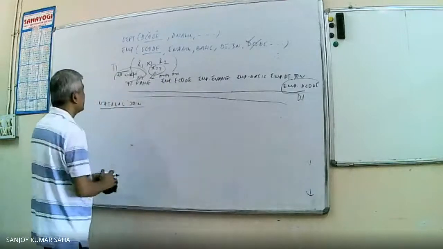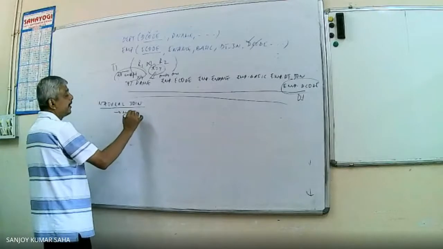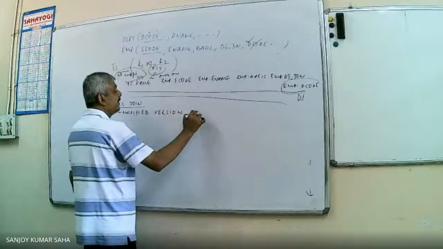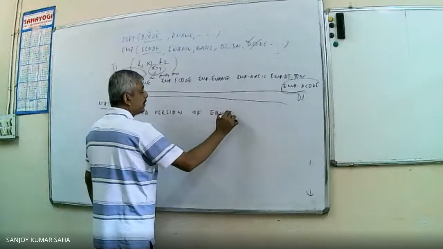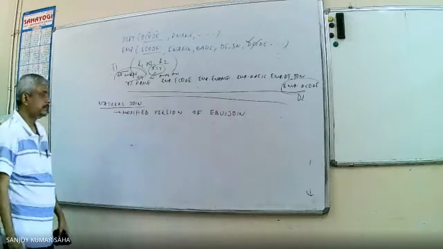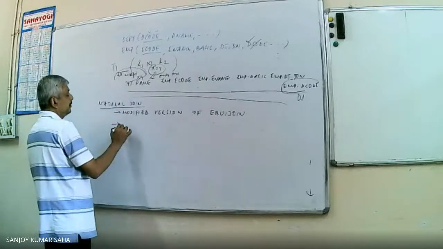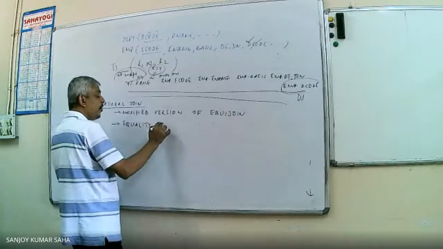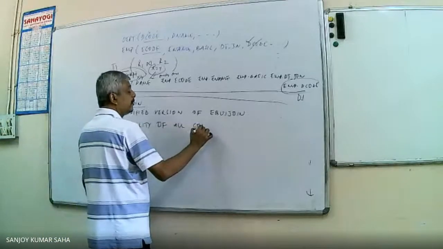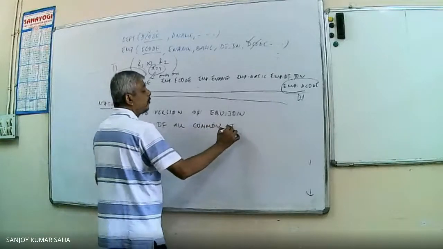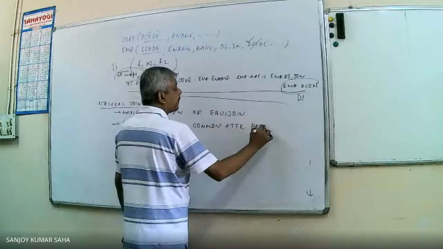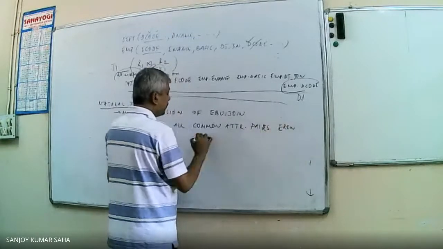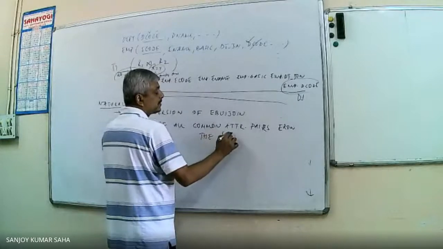So natural join is a modified version of equijoin. It goes for equality of all common attribute pairs from the schema being joined.